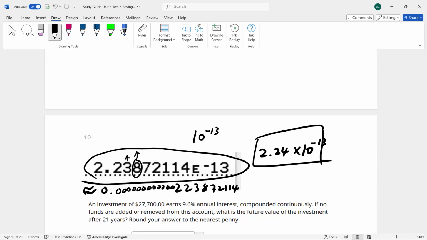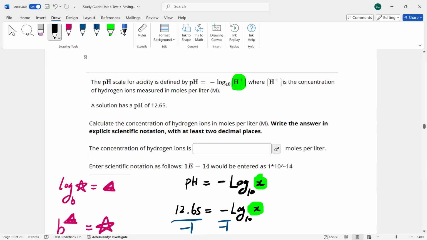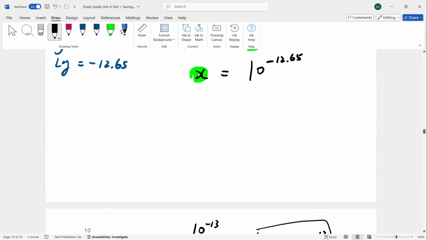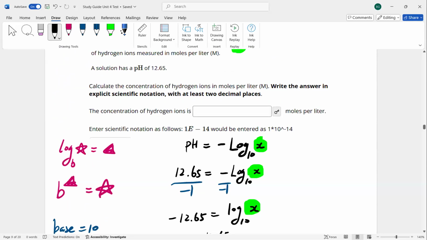So the manually handwritten result in scientific notation is this. Let's see. The question says, enter scientific notation as follows, would it be entered as, okay? So I guess the question wants you to enter 2.24, you enter 2.24 E negative 13. I think that's what the question wants you to enter.